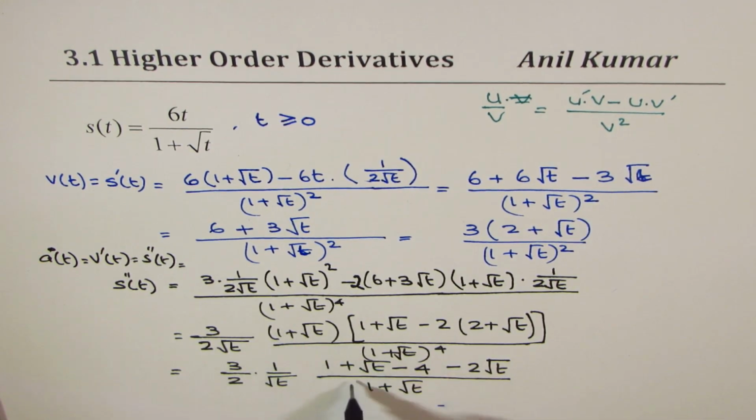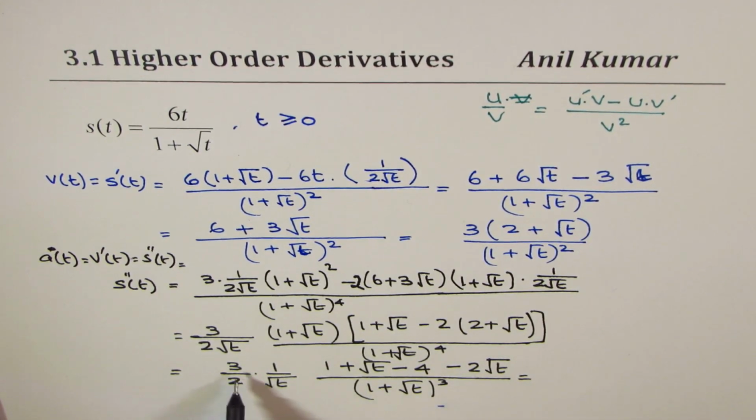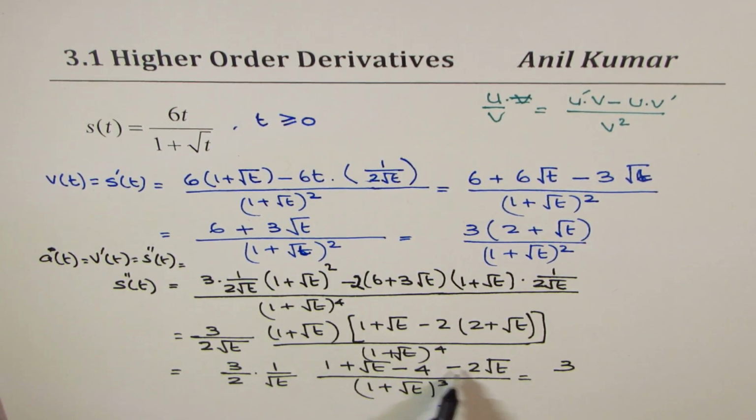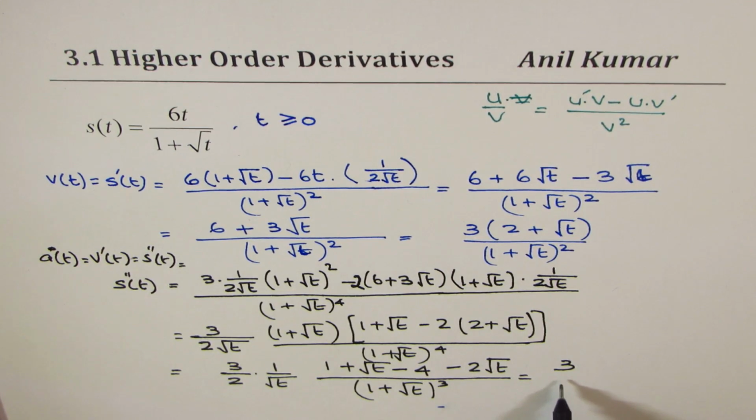We cancelled one of them, so we get cube here. This could be written as, so in the numerator we have 3 times, and here we get 1 square root t minus square root 2t is minus square root t, right?